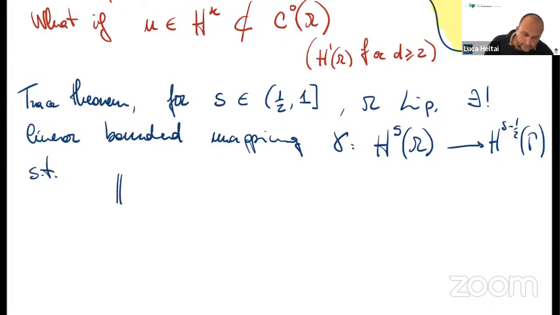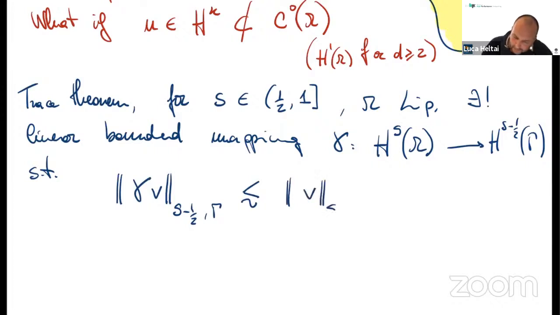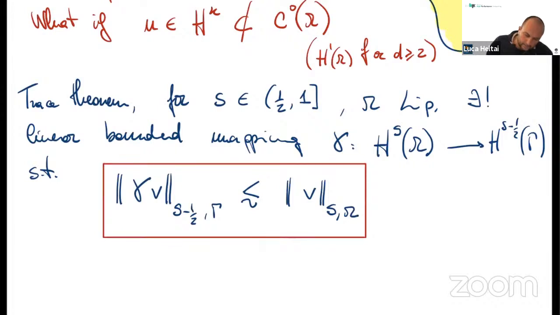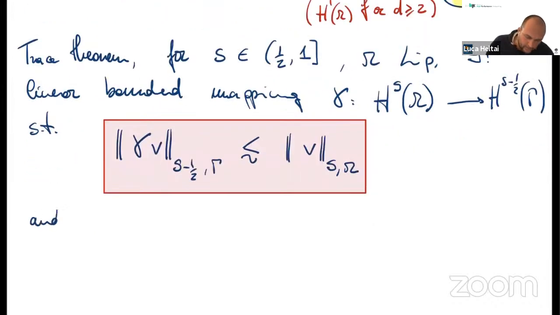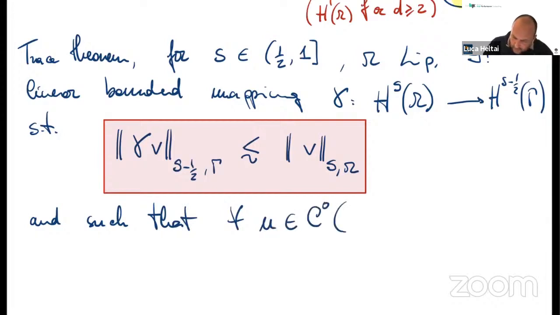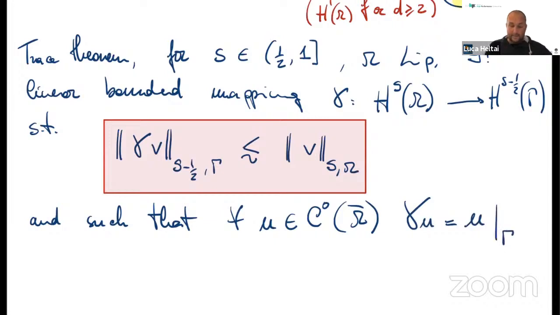the norm of gamma v in H^{s-1/2} of Gamma is smaller or equal than a constant times the norm of v in H^s of Omega, and such that for every u which is in C0 of Omega bar, gamma of u is equal to u on Gamma, the pointwise restriction.